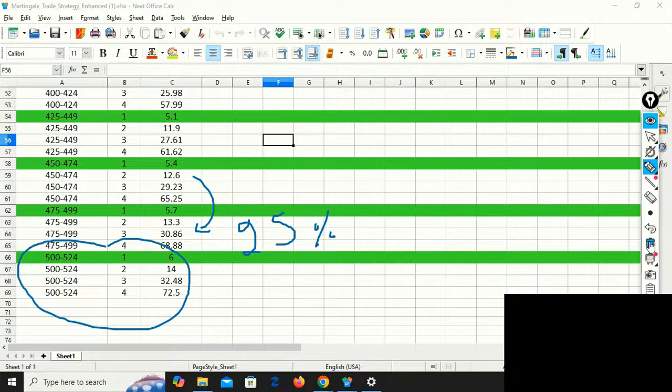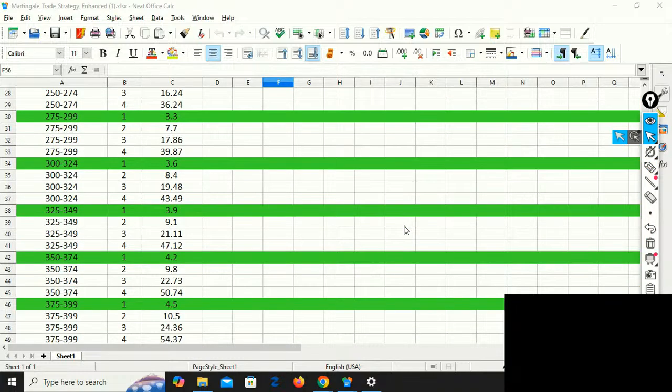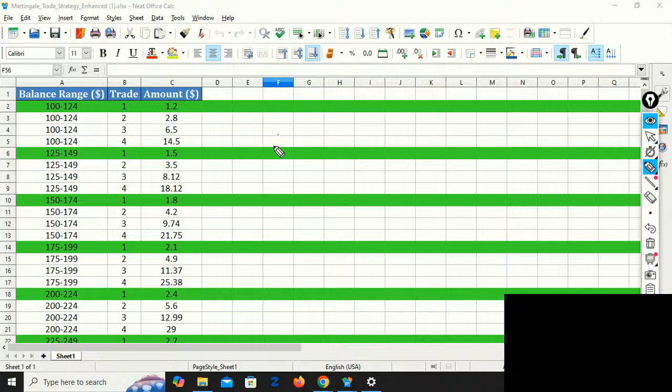All right. Again, I cannot stress enough that you need at least $400 to $500 in your balance to trade these amounts safely.